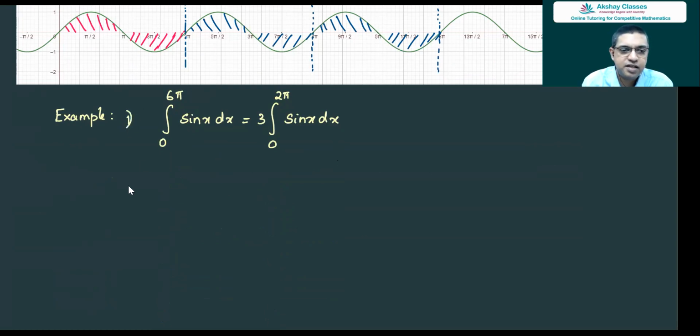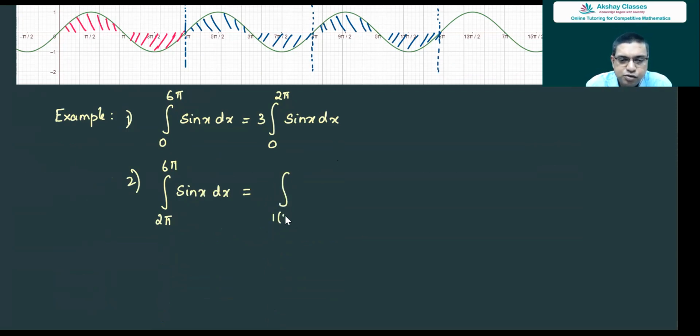Second example, let's take the second example. Let us take 2 pi to 6 pi sin x dx. So this is 1 times 2 pi. 2 pi is the period, and this is 3 times 2 pi.